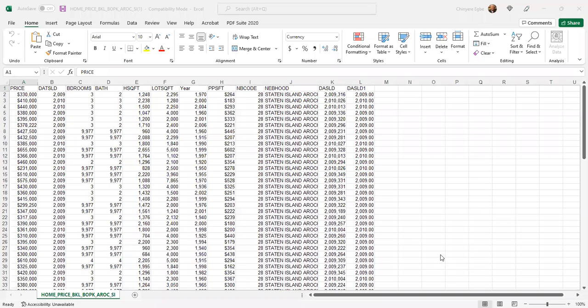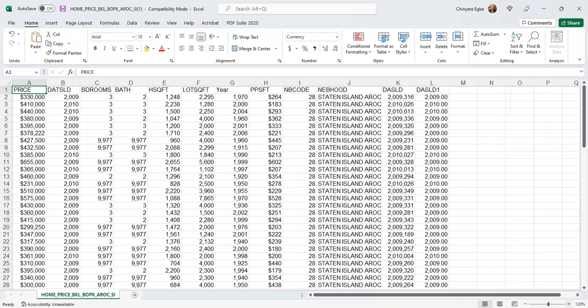All right. Are you able to see my screen? Yeah. Okay. So here in this data set, it says calculate the average price per square foot.